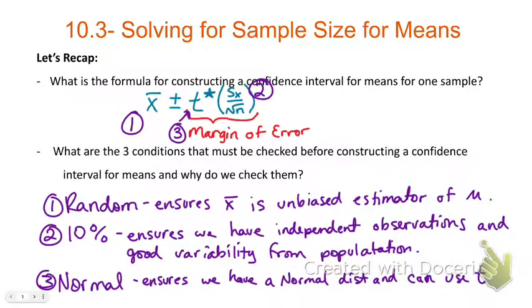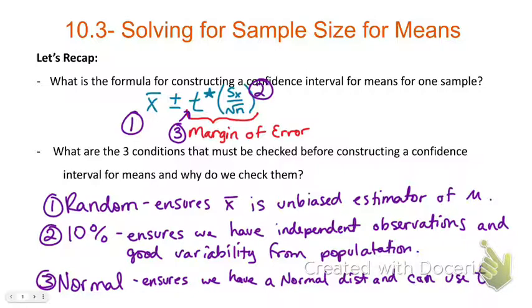Because remember, t is a normal distribution. It's not the standard normal distribution, but it is a normal distribution. There's lots of different normal distributions in the world, and we need to make sure that we can use it by making sure that we have the normal condition met.